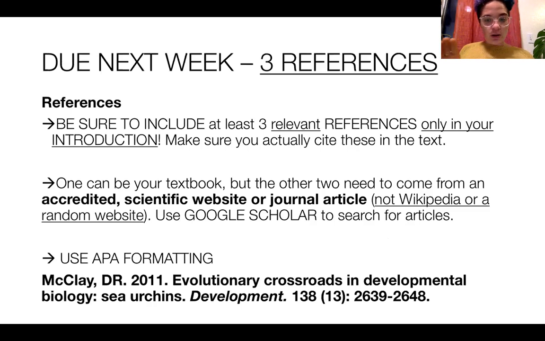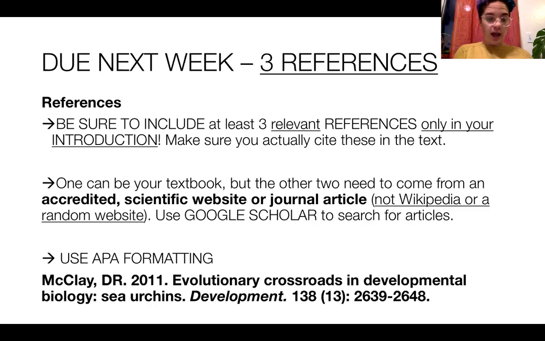We have a paper that we're going to put on BBLearn about how we want to see the citations or the references. We will put that on BBLearn, but it is here down at the bottom if you want to write it.